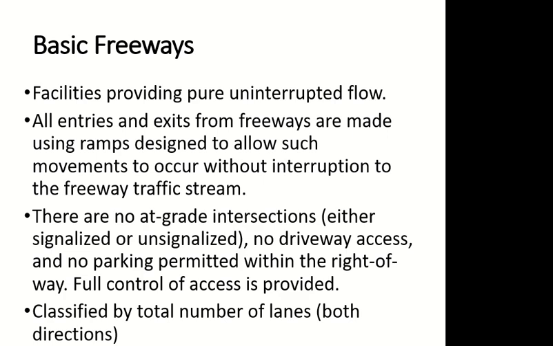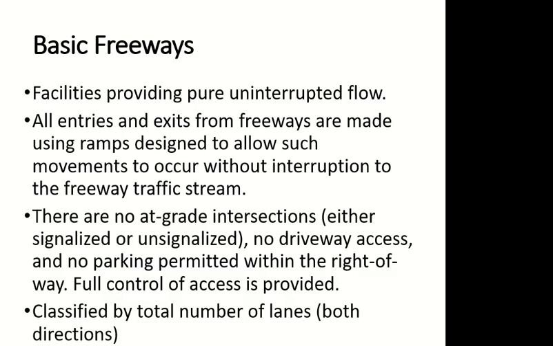As I mentioned earlier, in these slides we are discussing two types of highways from the uninterrupted series: basic freeways and multilane highways. Basic freeways are pure uninterrupted, they don't have intersections, they have a median, and they have at least two lanes in each direction.